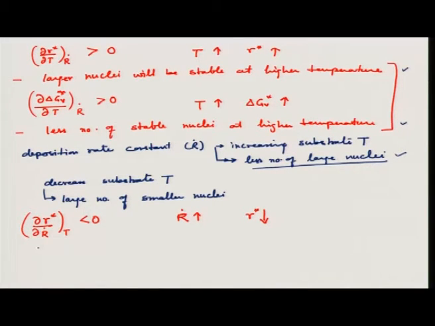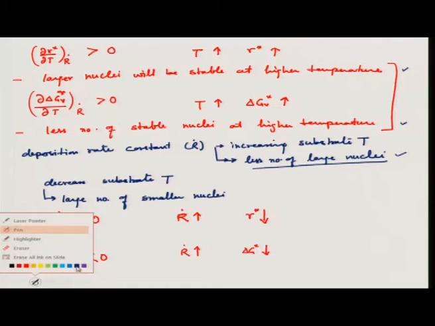And similarly, d delta G star over d deposition rate at constant temperature is less than 0, which means if you increase deposition rate, your delta G star is smaller. Okay. Now, what does it mean for the thin film?